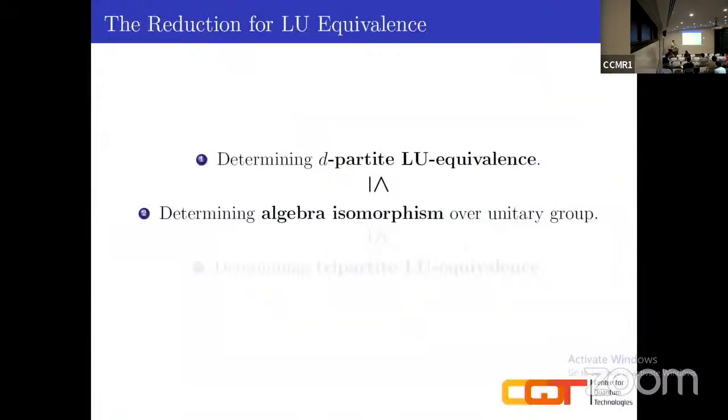This is the reduction we use to prove this. First, we reduce the multipartite LU equivalence to an algebra isomorphism over the unitary group, and then we reduce this algebra isomorphism to tripartite LU equivalence.